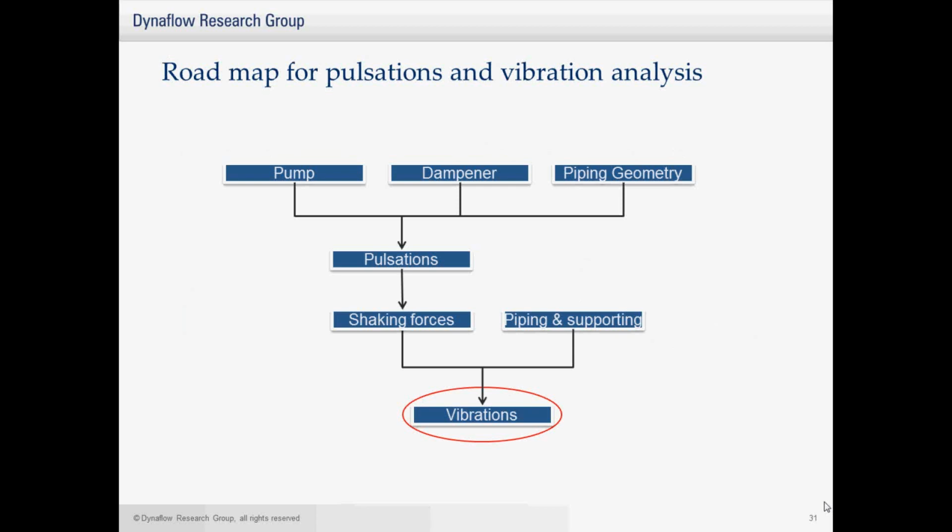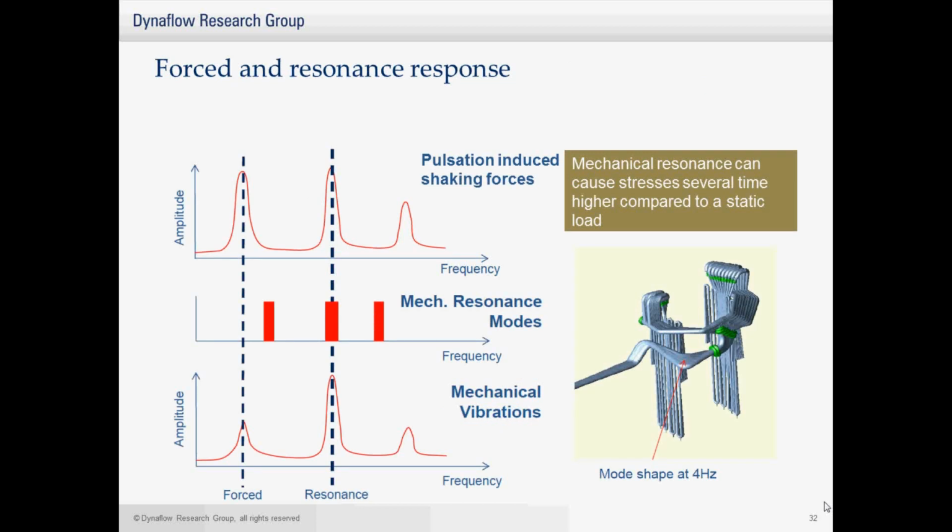So now we've discussed the shaking forces and the piping and supporting, so now let's look at the actual vibrations. Again, in a mechanical sense, a mechanical resonance can occur. I try to illustrate this with the picture on the left.